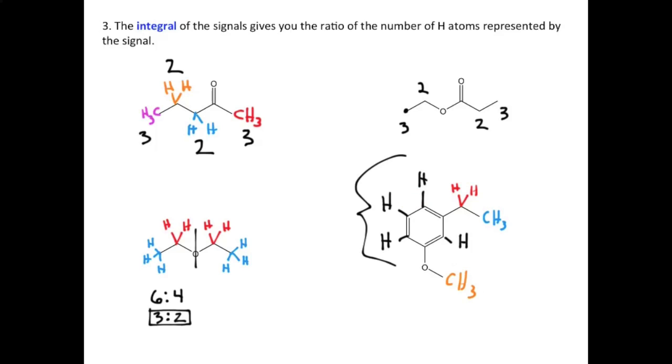So many times you'll see a ratio provided where all of those aromatic hydrogens are lumped together. That would give me a ratio of 4 aromatics to 2 to 3 to 3. Okay? So you have to be aware that sometimes all of the aromatic H's will be lumped together. And if that's the case, we'd have a ratio of 2 to 3 to 3 to 4 for all the hydrogens that are in the aromatic region.